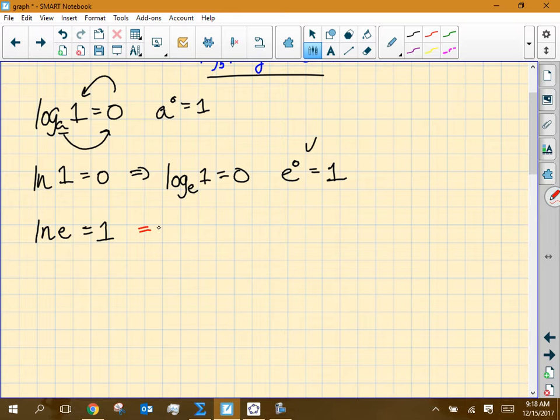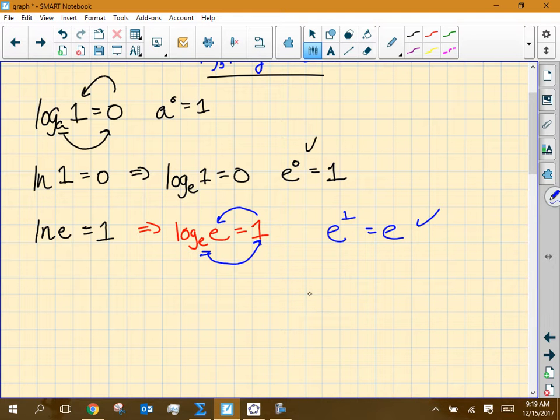I'm going to rewrite it as log base e of e is equal to 1. Does it make sense then that if I change this into an exponential, take my base of e, raise it to the exponent of 1, that comes back and gives me my argument of e? Is e the same thing as e? Yeah, so there's the proof.